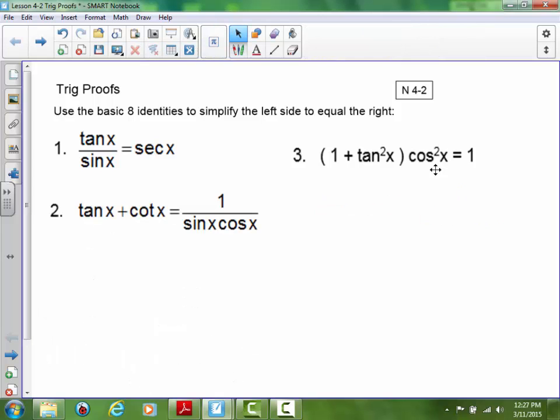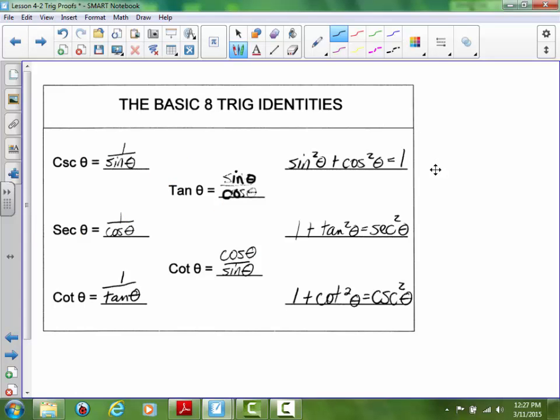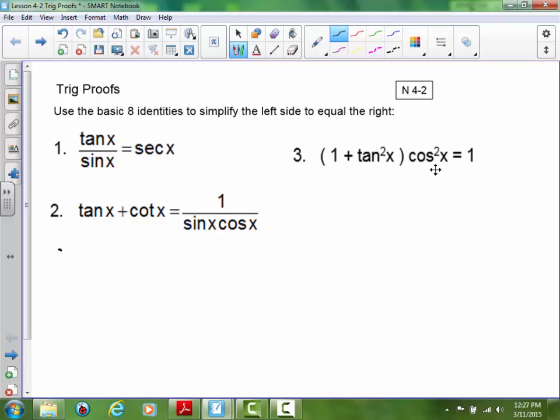Looking at this, I see tangent x and cotangent x, and I remember from my identities list, sine over cosine versus cosine over sine. So I'm going to replace them, and this will be sine x over cosine x plus cosine x over sine x.